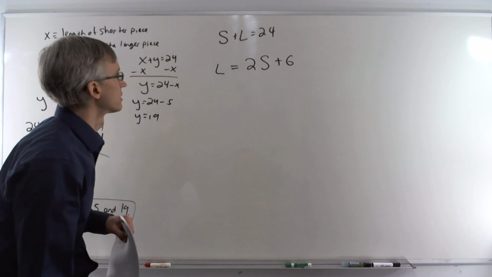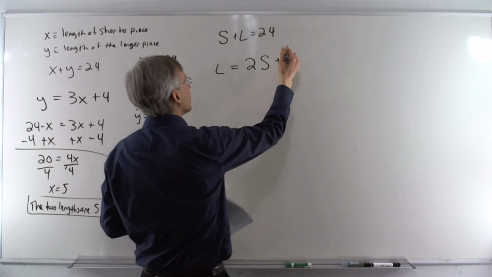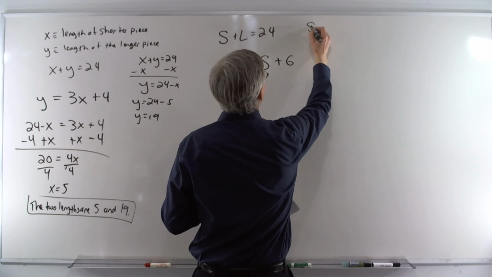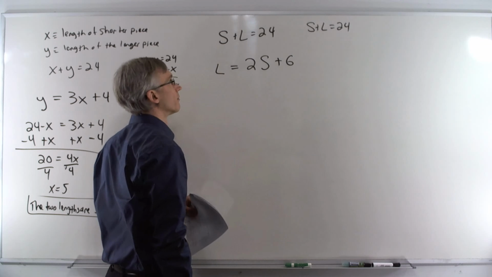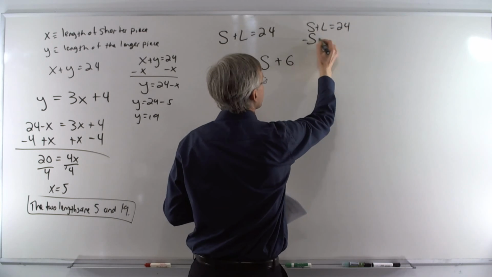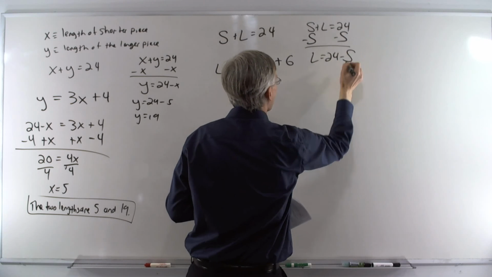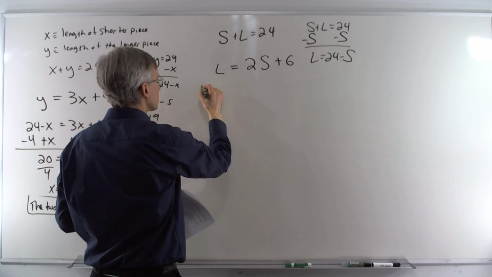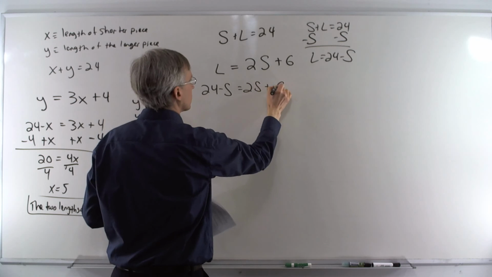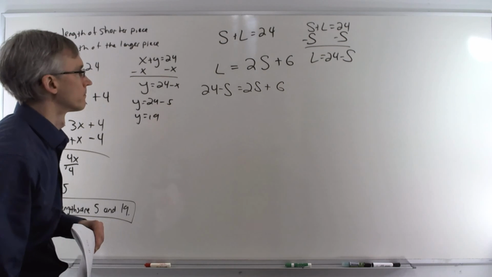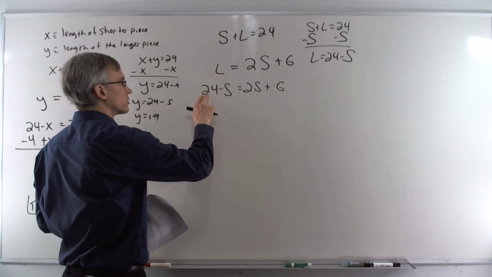L equals 2s plus 6. So we want to substitute for L. That means over here we should solve for L. Get L by itself. So subtract s from each side, and we get L equals 24 minus s. So replace L with 24 minus s.